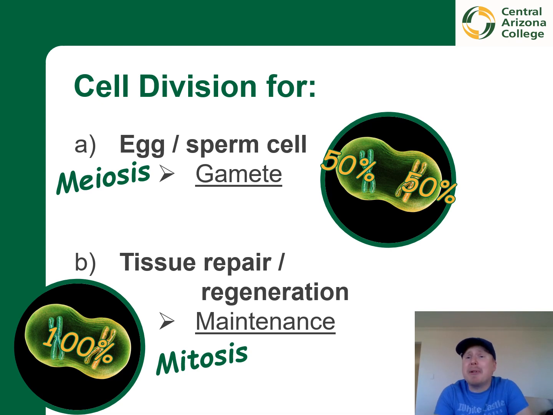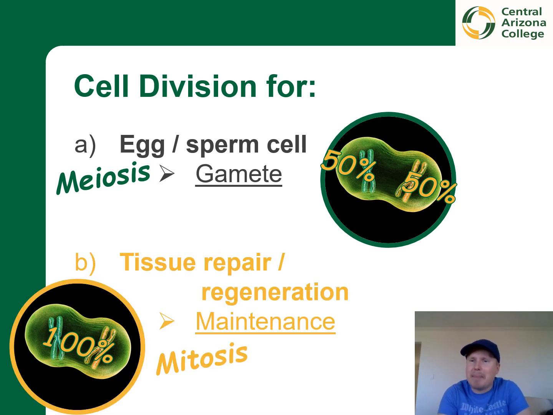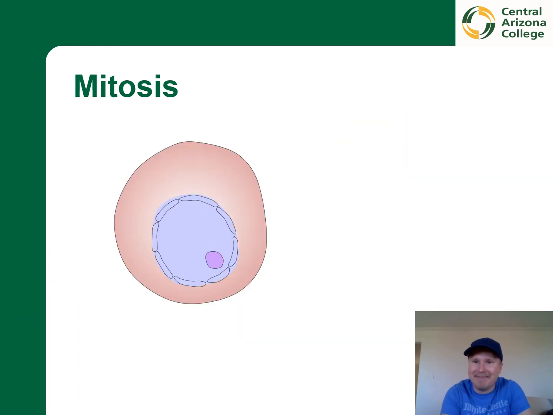And you might remember this slide from our first video. So in this video, we will be looking at the cell division that takes place everywhere else in the body, but not the production of sex cells. So it is going to be every other cell, but not sperm and egg cells.